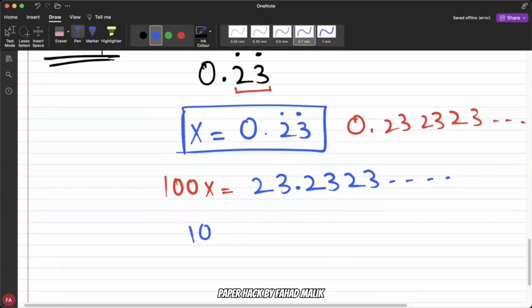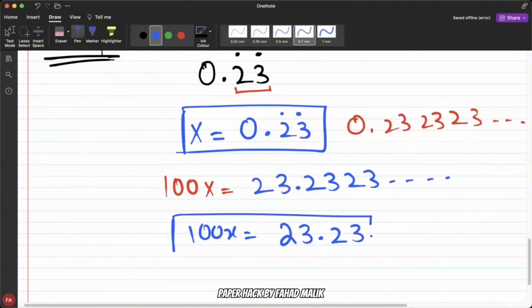Would I write down this as 100x equals 23.23, and then I can place the dot on it? You might have a question as to why we are not placing the dot on this side. We can, but we need to get rid of this 0.23 dot that we have after the decimal. That's the main reason for doing it this way.